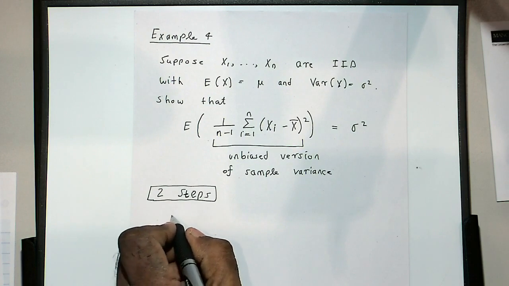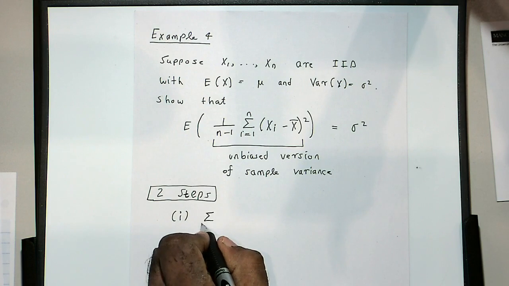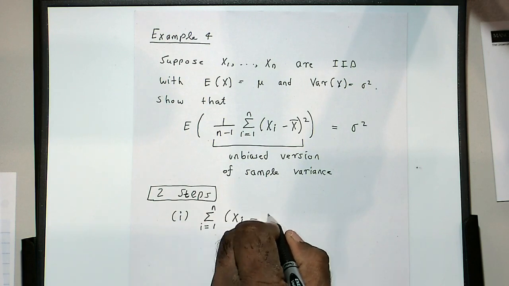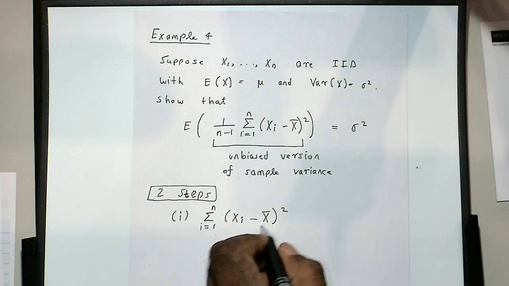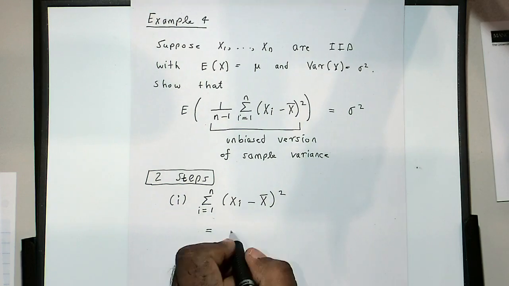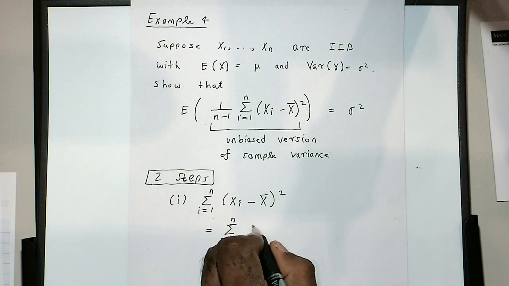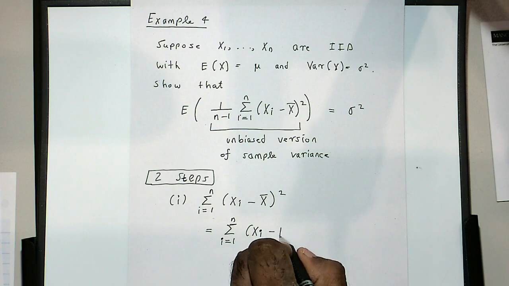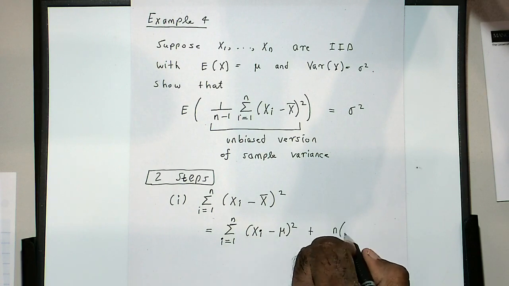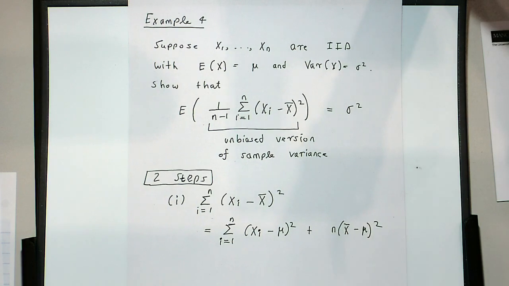The first step is to show the following: the sum of xi minus x bar squared is equal to the sum of xi minus mu squared plus n times x bar minus mu squared, right? That's the first step you must show.